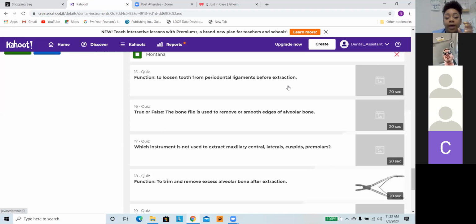When you are extracting teeth, you have an instrument that's used to loosen the tissue around that tooth and the bone. And then you have another instrument that we use to actually pull the tooth out. It's from the surgical tray, right?